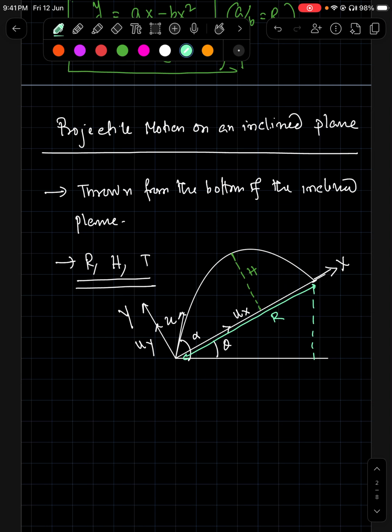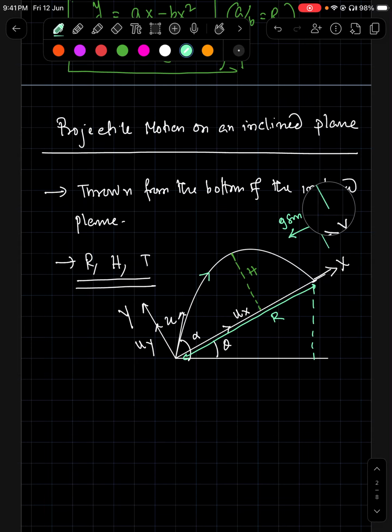So to consider this type of motion, the projectile is thrown from the bottom of the inclined plane. We have to consider the components of the gravitational acceleration: along the plane it is g sin theta, and the perpendicular component to the plane is g cos theta.